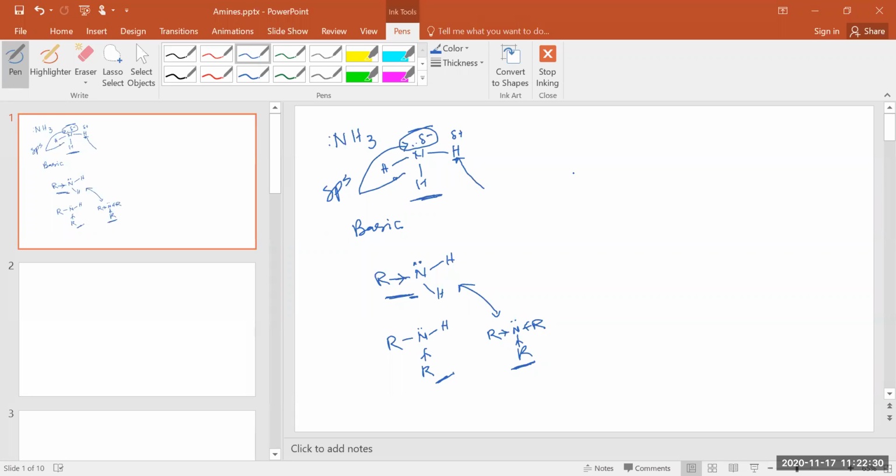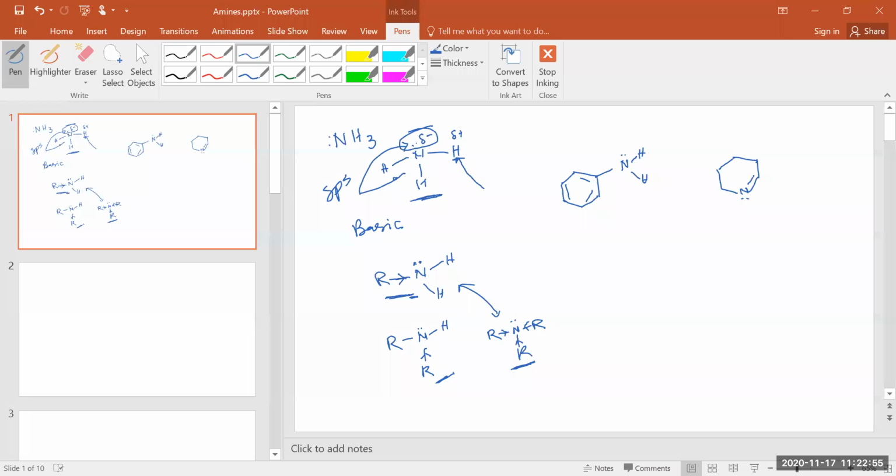Now, if you see the aromatic amines, they could be 2 types. Here one is where the nitrogen is outside the ring, a substitution for hydrogen. They are called anilines. The other is in the heterocycles.